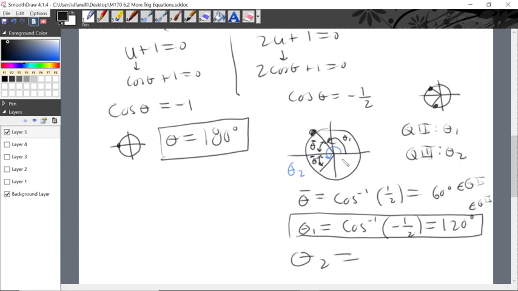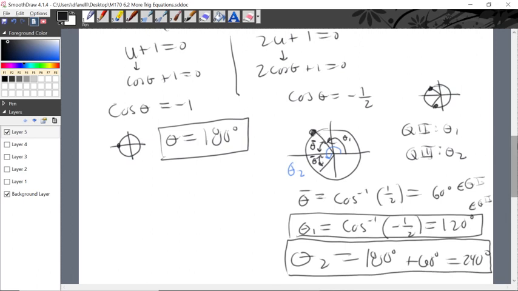That is, we can use the reference number. That's what I mean by symmetry and geometry. The reference number, which is 60 degrees, add that to 180 degrees because we're going to quadrant 3, and that's what gives us the 240 degrees, which is our third potential solution.